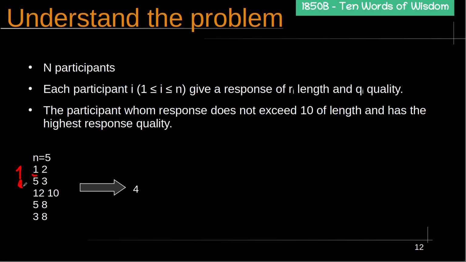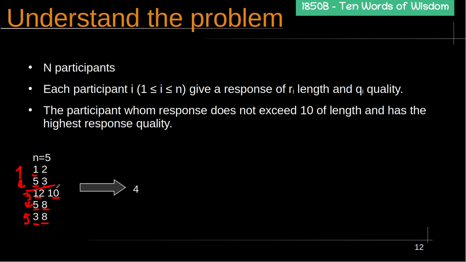The participant number 2, his response contains 5 words with 3 quality. Participant number 3, 12 words with 10 quality. Participant number 4, 5 words with 8 quality. Participant number 5, 3 words with 8 quality.